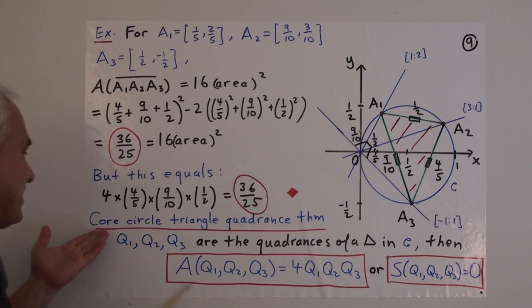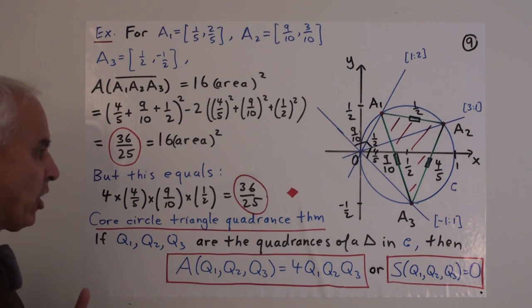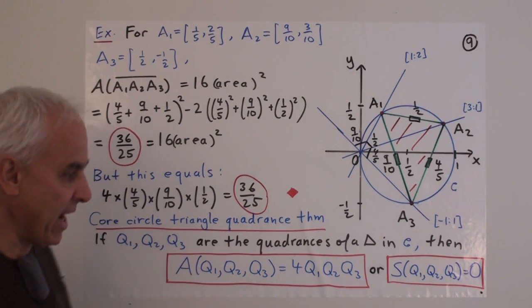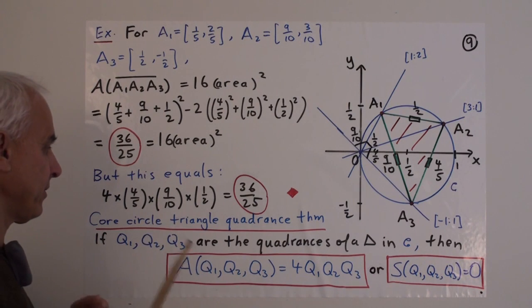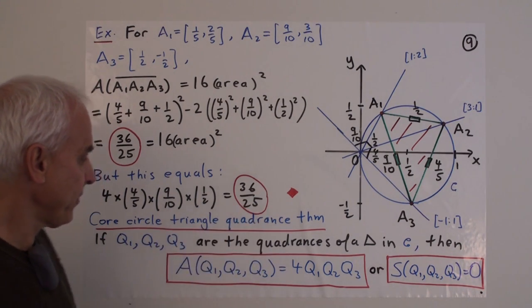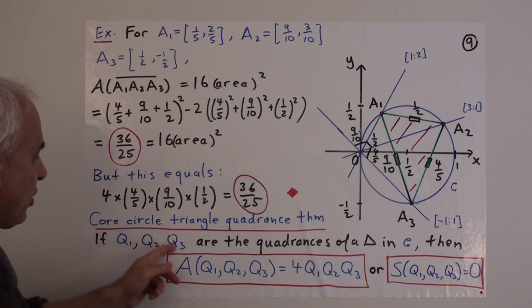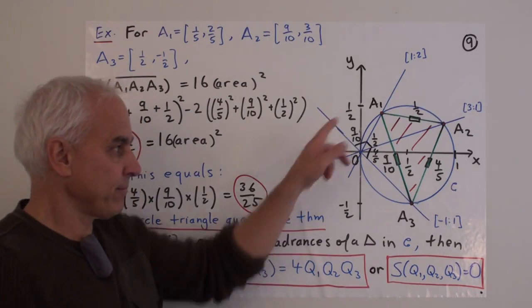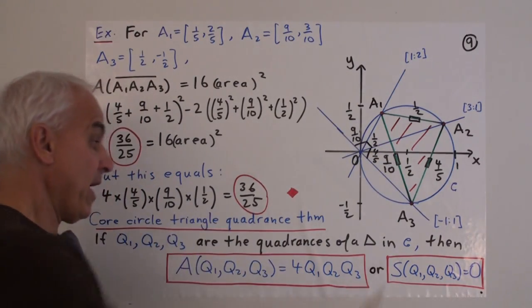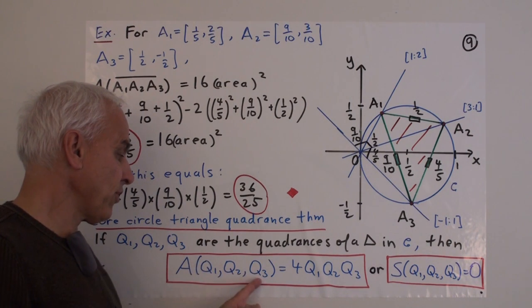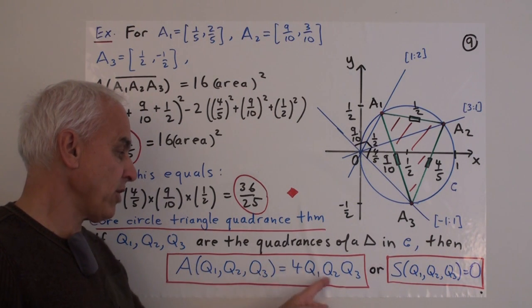I want to restate this in a way that's independent of spreads or projective quadrances, purely as a Euclidean theorem. We'll call it the core circle triangle quadrance theorem: if Q1, Q2, and Q3 are the quadrances of a triangle in the core circle, like this one, then Archimedes' function applied to Q1, Q2, Q3 equals 4 times Q1 Q2 Q3.